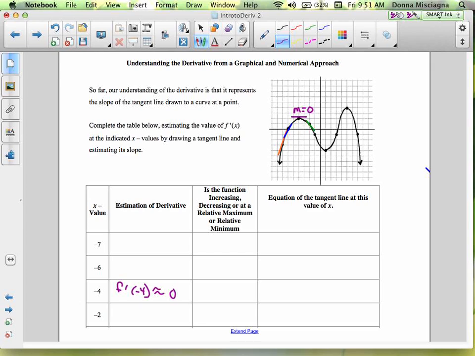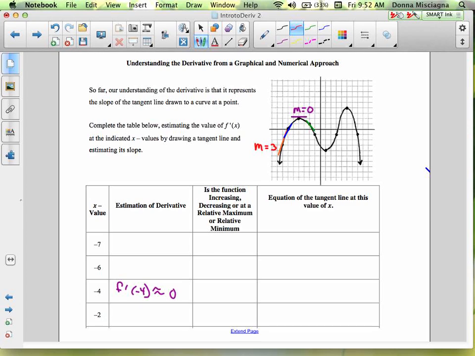All right, so at negative 7 it is positive, and let's see. I would say it goes up 1, 2, 3. I'd say it's going up 3 to the right 1. So I'd say that's about a slope of 3.